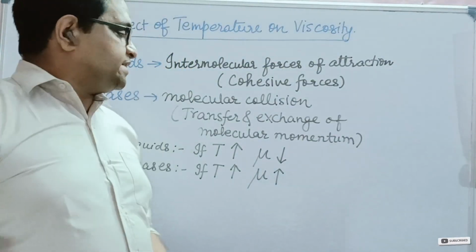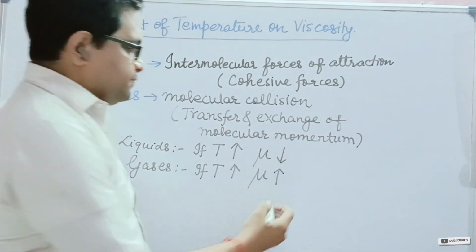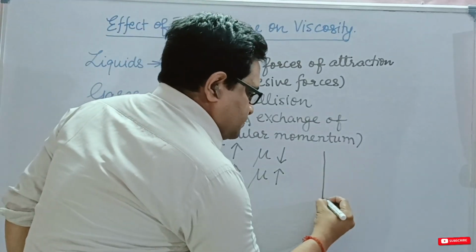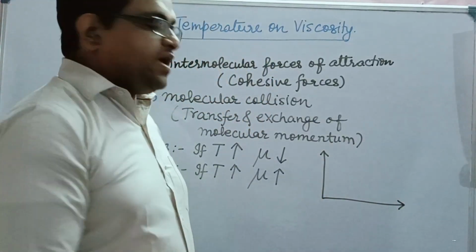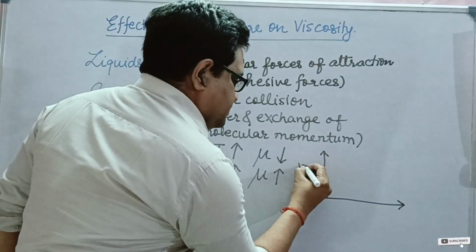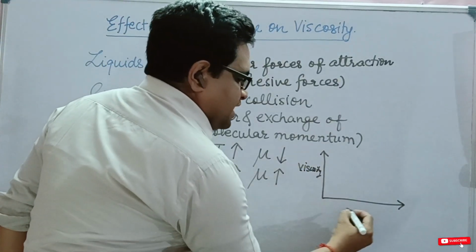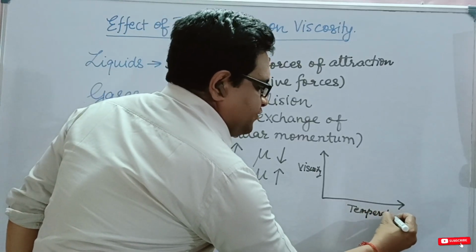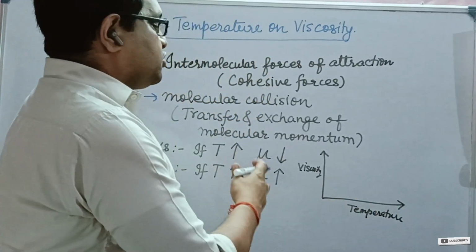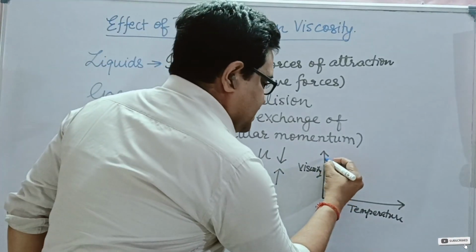Now this can be represented graphically or diagrammatically. Suppose here in the y-axis we take viscosity and this is temperature. So what happens in case of liquids? In case of liquids, the viscosity is getting decreased. So we will plot the graph for liquids like this.